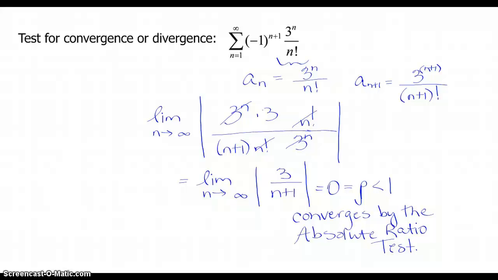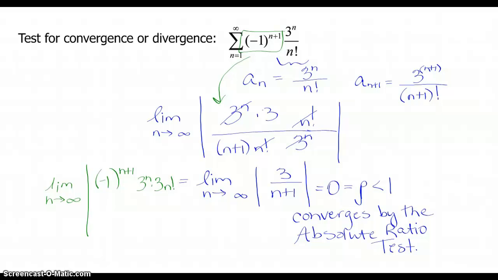Notice I did not put that alternating term in the absolute ratio test at all. When students do that, they wind up confusing themselves. I see this every year. We go for a little bit where a student will forget that they're not supposed to put the alternating term in there.